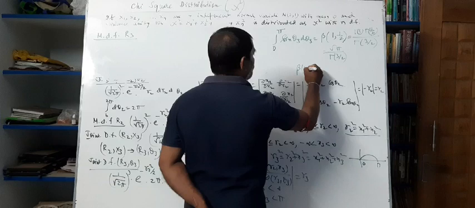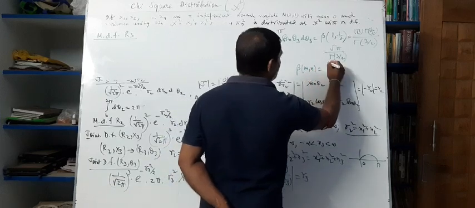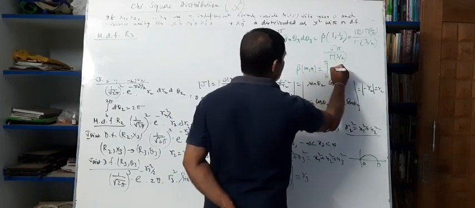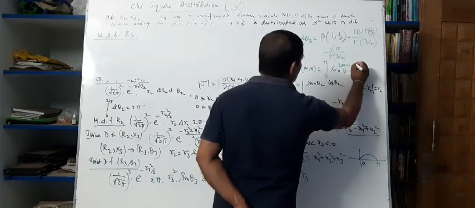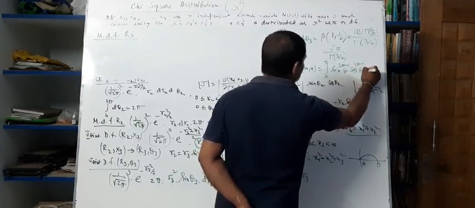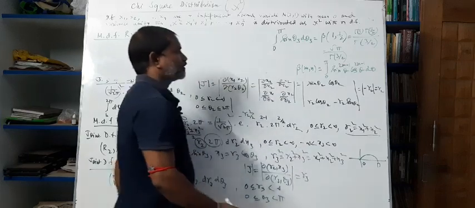You know beta m, n equals integration 0 to pi sine to the power 2m minus 1 theta cos to the power 2n minus 1 theta d theta.